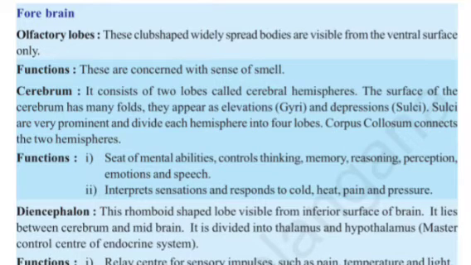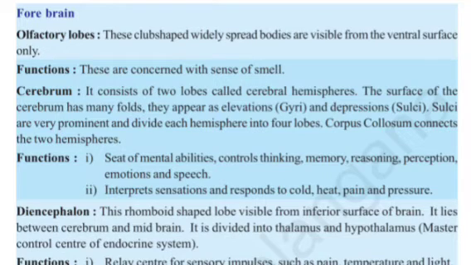And the cerebrum consists of two lobes called cerebral hemispheres. The right hemisphere controls the left body parts, and the left hemisphere controls the right body parts. The surface of the cerebrum contains elevations and depressions.